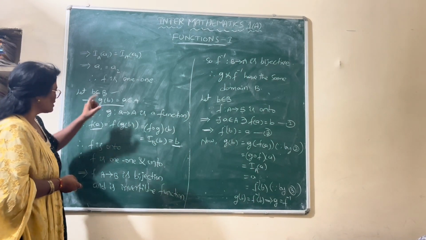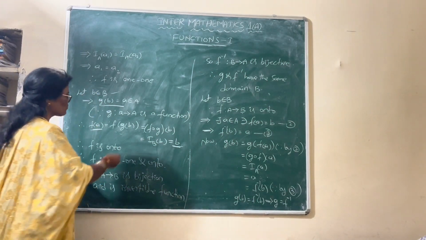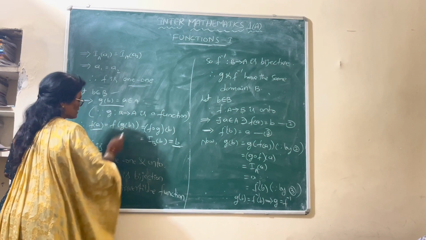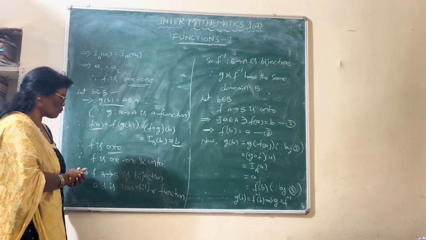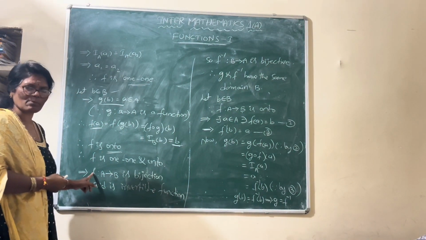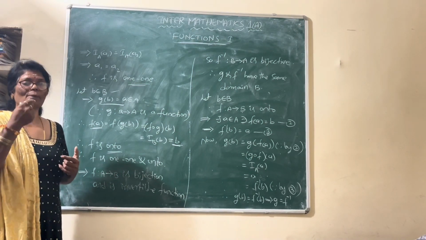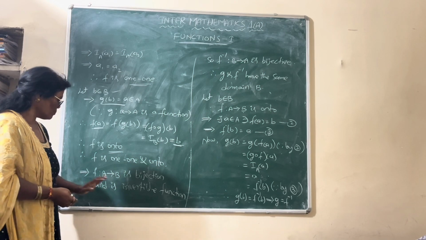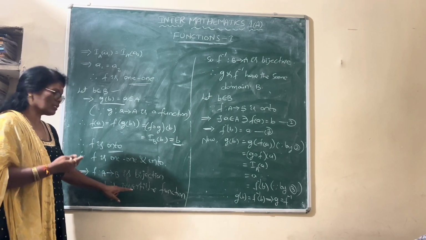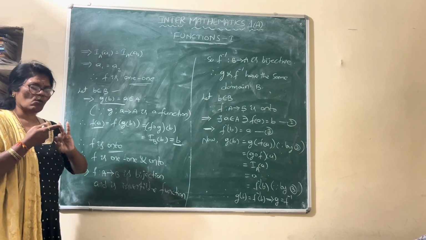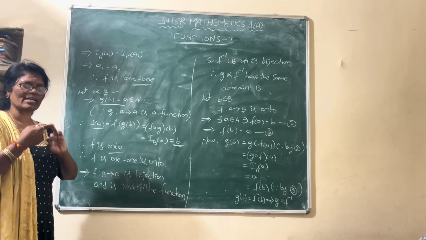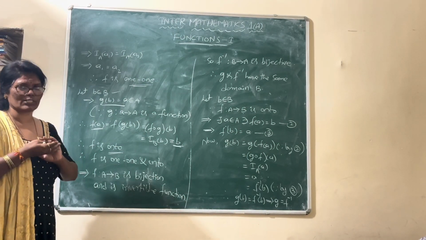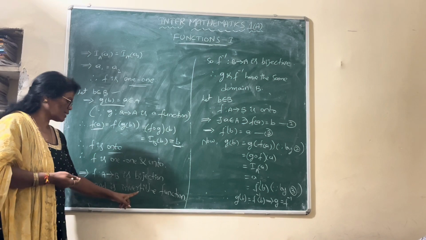So the function f satisfies the one-to-one condition as well as the onto condition. Then we can say that the given function f, a mapping from A to B, is a bijective function, and so it is invertible.